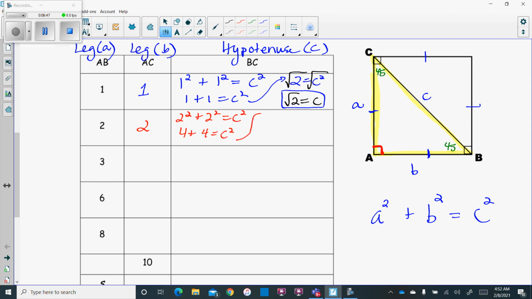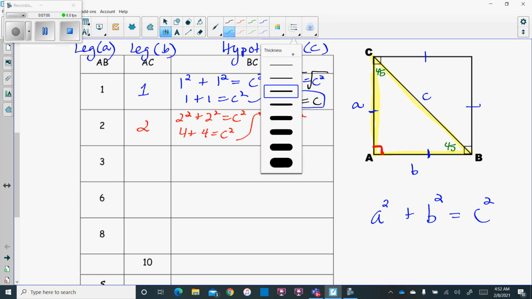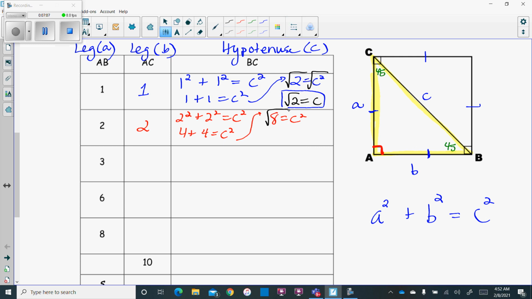So we're going to come over here to the side. Sorry, I jumped again. We're looking at 8, right? 8 equals c squared, but to get to that c, let's take the square root of that. Now, in order to do that, I'm going to have to simplify it.